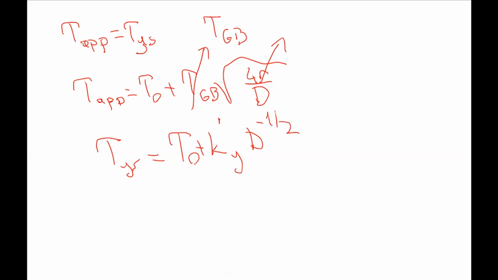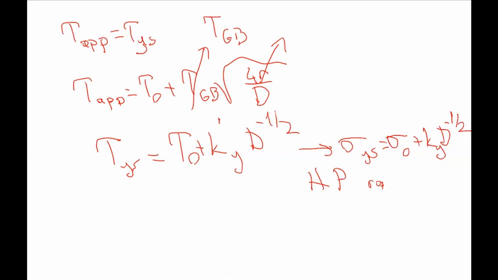So this is the Hall-Petch relationship, right? Derived from yield stress is equal to sigma 0 plus k yield d to the minus 1/2. Of course, there are other models for grain boundary strengthening, but the most widely used one is the Hall-Petch relation.